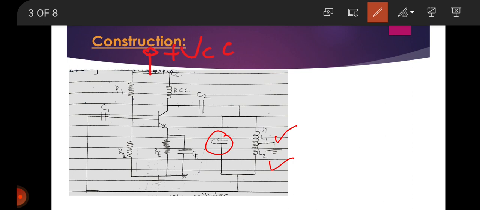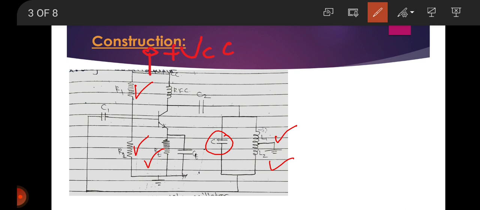The resistors R1 and R2 form a voltage divider for providing the base bias, and R3 provides stability to the circuit. R3, which is RE, provides stability to the circuit.